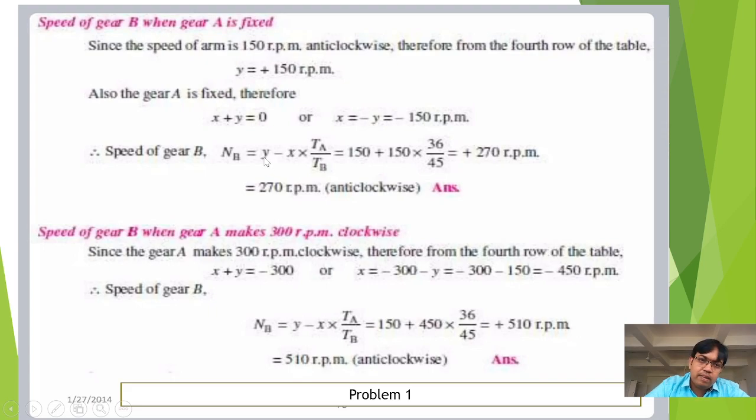We know the value of y and we have calculated the value of x. If we substitute all the values, it will come around 270 RPM plus. Plus means, sorry, plus means anti-clockwise. It is therefore 270 RPM anti-clockwise. Instead of putting plus in front of 270 RPM, we have written anti-clockwise in the brackets.